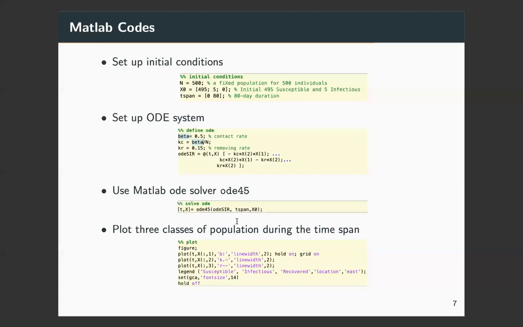It automatically outputs discrete time data t and a matrix X, where the first column is the susceptible class over the discrete time data t, and the second column of X is the infectious population over the discrete time data t, and so on.